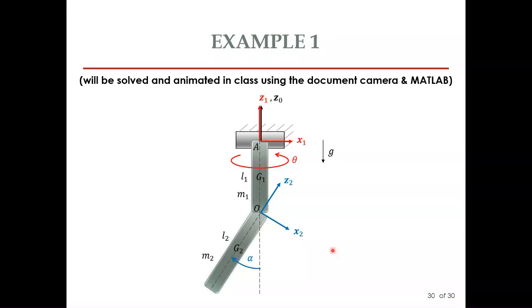And your assignment of frame has this as ZK. So ZK passes through or is parallel to the joint axis. That's why you have this tau K, actuation or driving torque about ZK. So this one is known and the rest are unknowns.